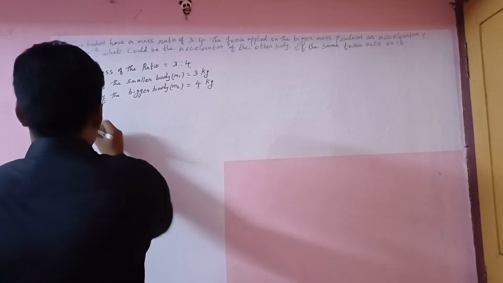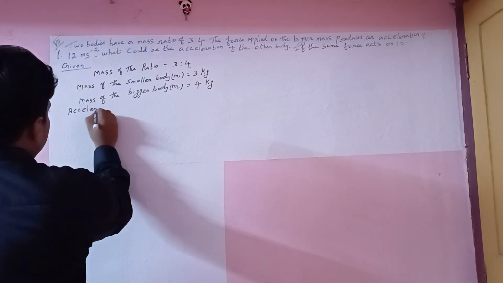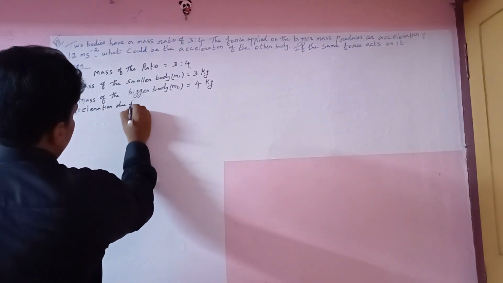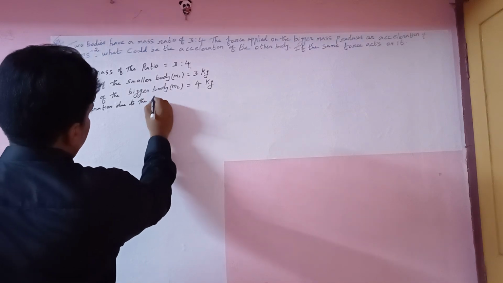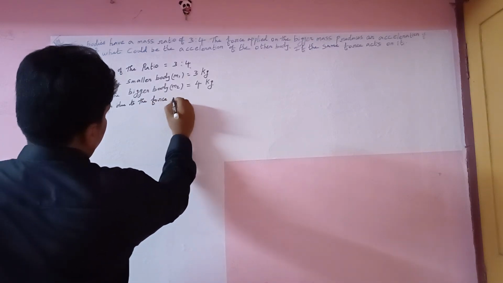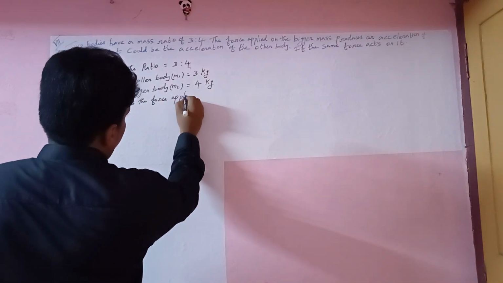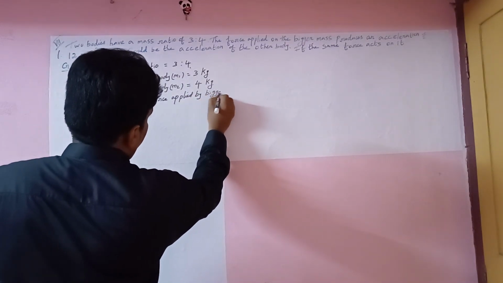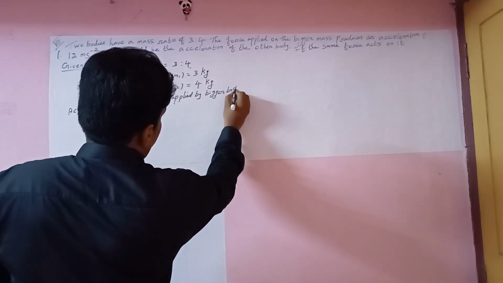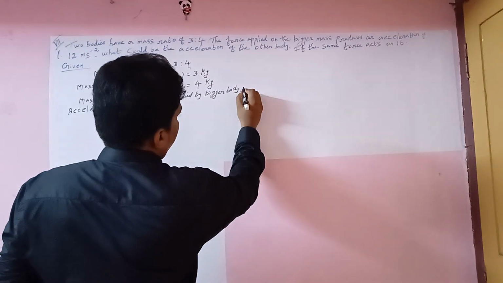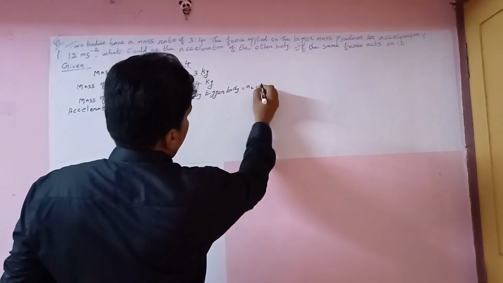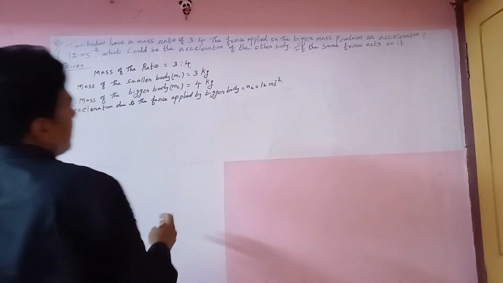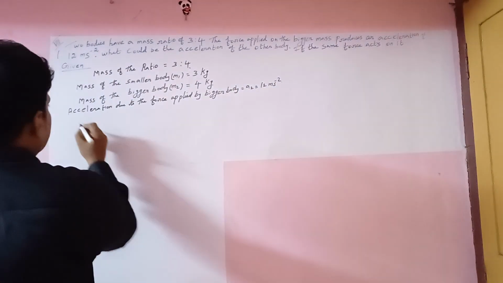So the acceleration due to the force applied by the bigger body, A2 equal to 12 ms power minus 2. Note the unit.